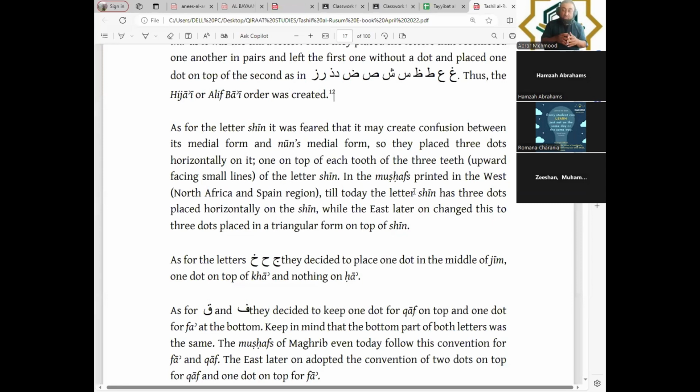And this is where the convention, or what we would call the canonical recitations, the different ways in which the Quran has been recited and how it's been passed on, mastered and preserved from student to teacher all the way till today, came about in a more academic form.